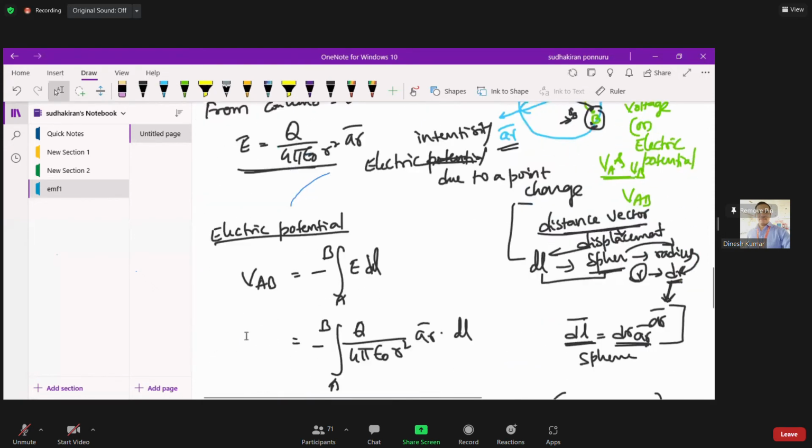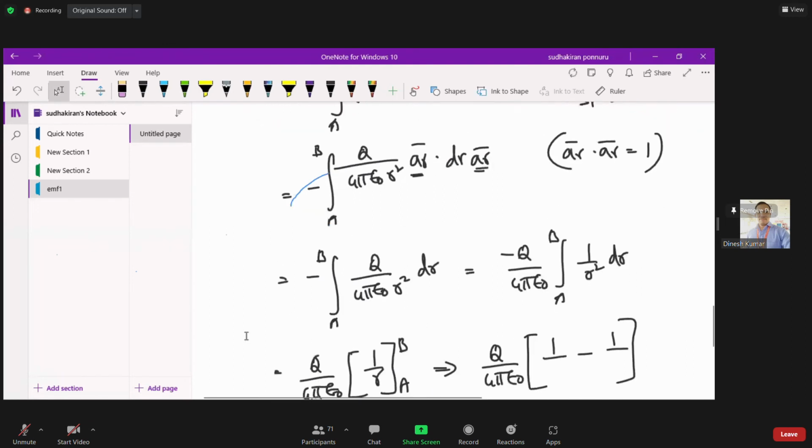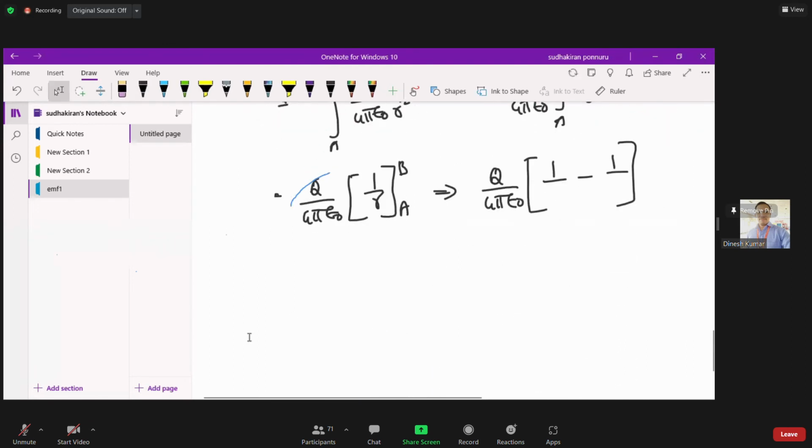So here, if you go with 1 by B minus 1 by A, the A and B are not values. The limits are values, but A and B are just names, and names we cannot substitute, we have to substitute the value.